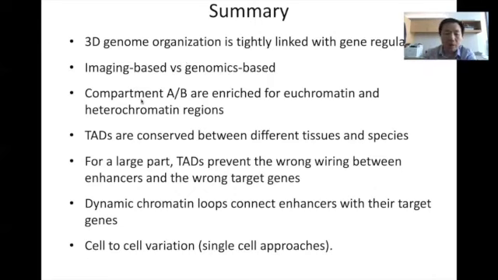And of course, compartments A and B are enriched for different chromatin, for example, euchromatin and heterochromatin. And TADs are conserved between different tissues and species. The disruption of TAD boundaries might have a severe effect on the phenotype and gene regulation. And personally, I think the importance of TADs is really that they are preventing the wrong wiring between the enhancers or even the repressors to their target genes.